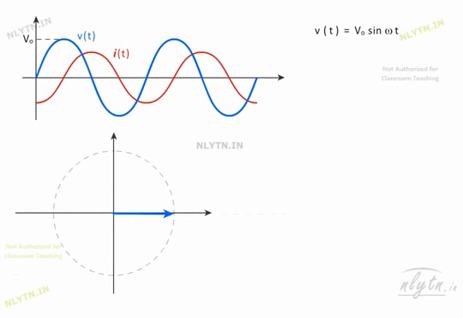At some point, instantaneous voltage of source is 0. Then it reaches a maximum value with polarity in one direction, decreases back to 0, and then reaches a maximum value with reverse polarity, and so on.